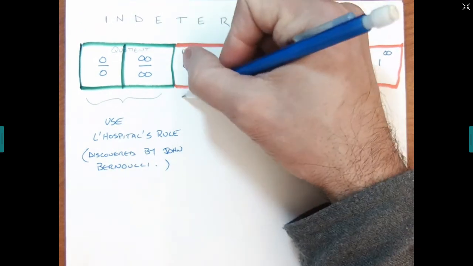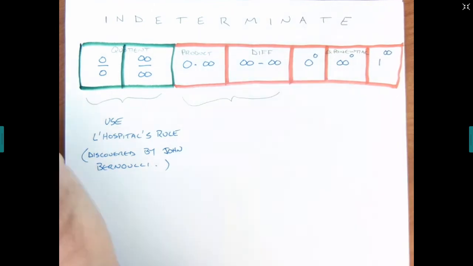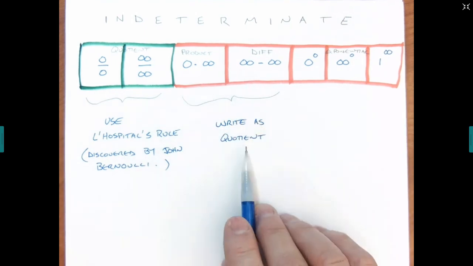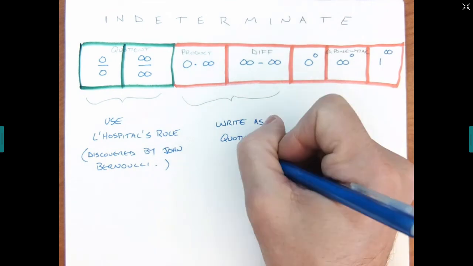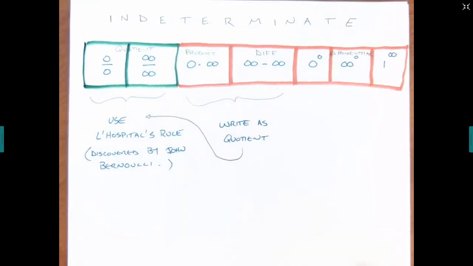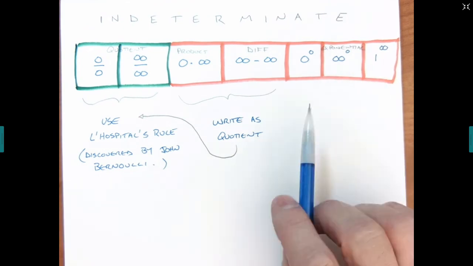So let's just make a little note of that. Now we have kind of a general overview. Whether we have a product or a difference, our job will be to write it as a quotient. So, yeah, we can use L'Hopital's rule. All right, well, that leaves these other ones where we're dealing with these exponential statements.